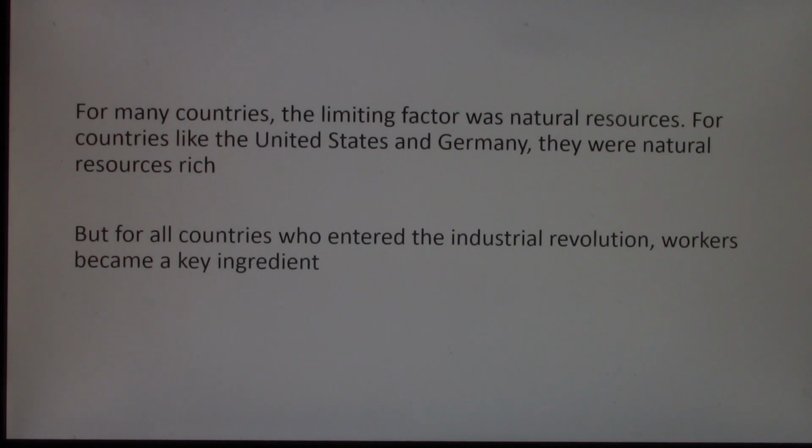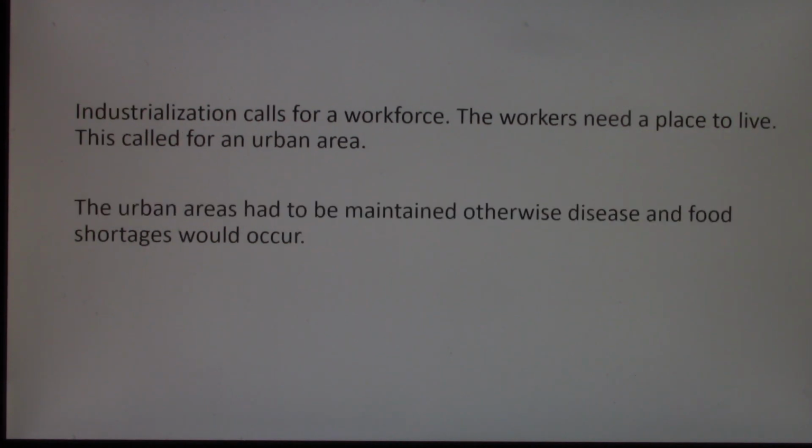But other countries who had manpower, who had money, who could do everything for industry except natural resources, are going to have to start looking for natural resources in other places besides Europe.